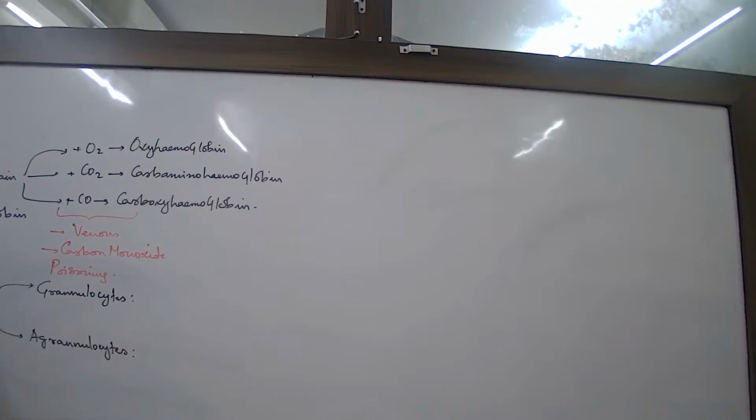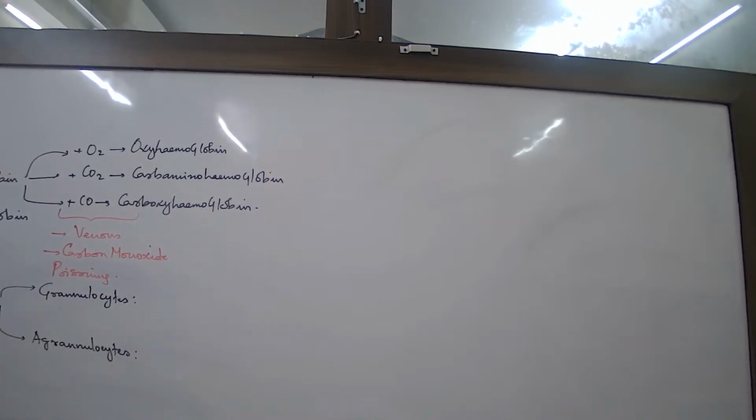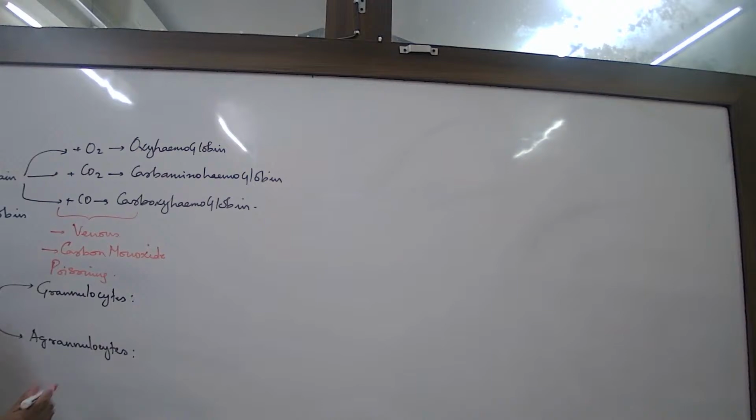In agranulocytes, firstly, the cytoplasmic region is very scanty, a little amount of cytoplasm. And on top of that, we don't come across this type of granular substances at all. So this is the major difference between granulocytes and agranulocytes.